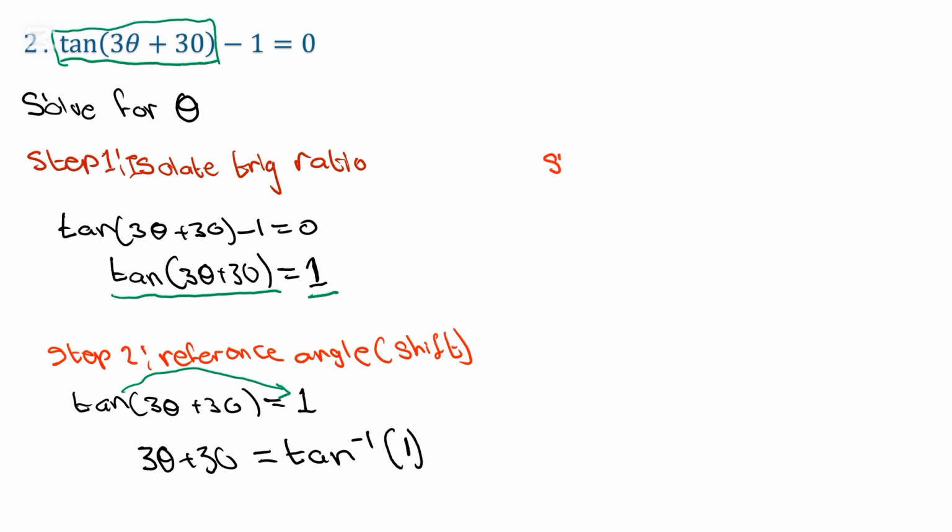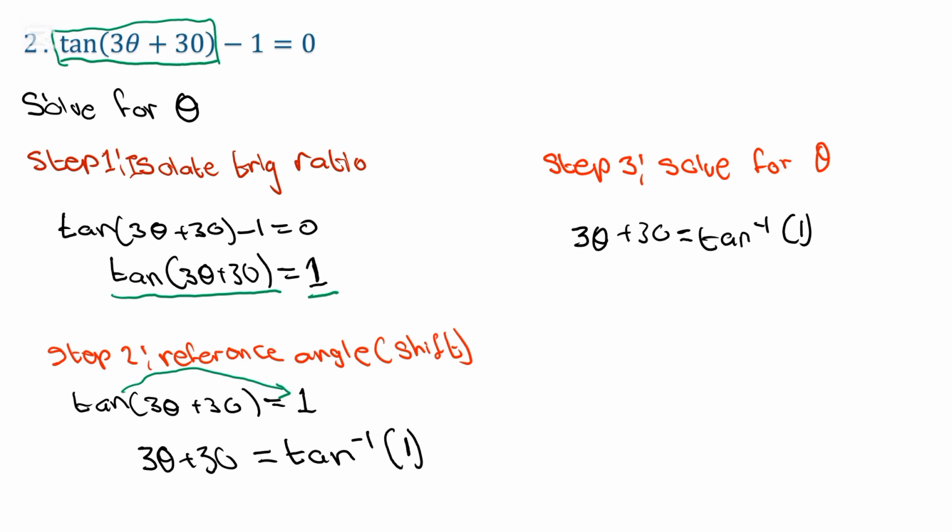Step 3: you have to solve. That's when you solve for theta. So you have 3 theta plus 30, which is equal to tan exponent negative 1 of 1.